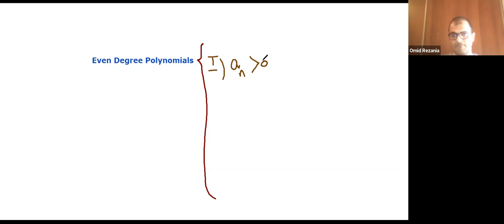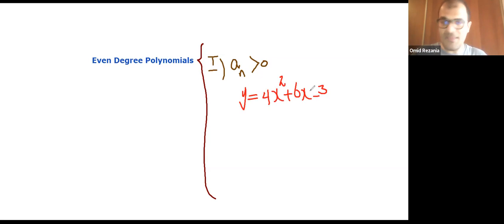In that case, I'm just going to give you an example, the simplest one which you have seen. For example, y equals 4x squared plus 6x minus 3. This is the basic example that we have. The polynomial is even degree, and what is the leading coefficient?